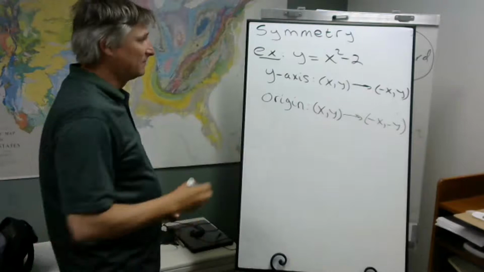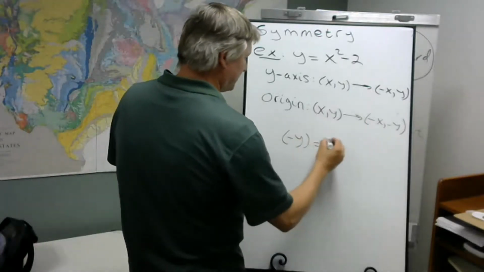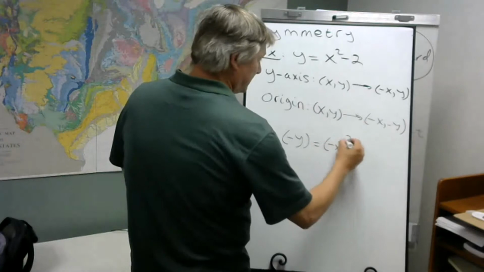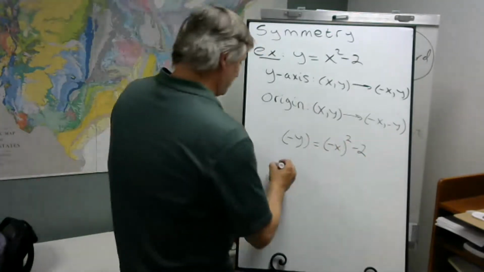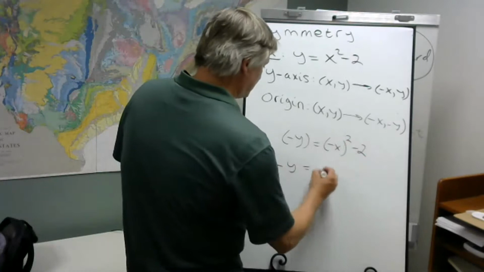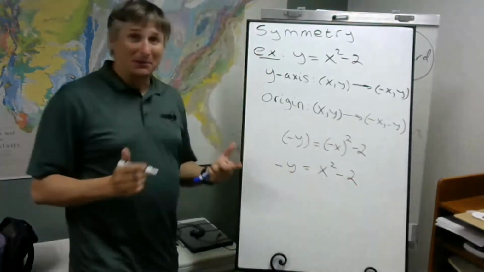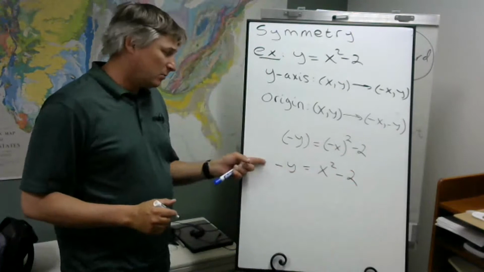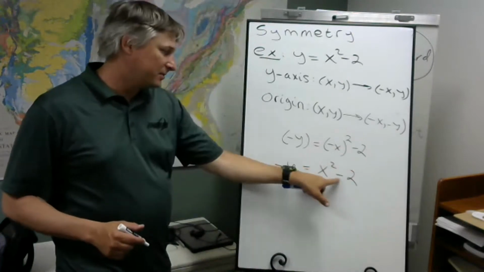Well, let's see. That means you replace x with negative x. Does this work? We have y is negative x squared minus 2. Again, squaring a negative makes it go away. Multiply through by negative 1 to get positive, negative, and positive.